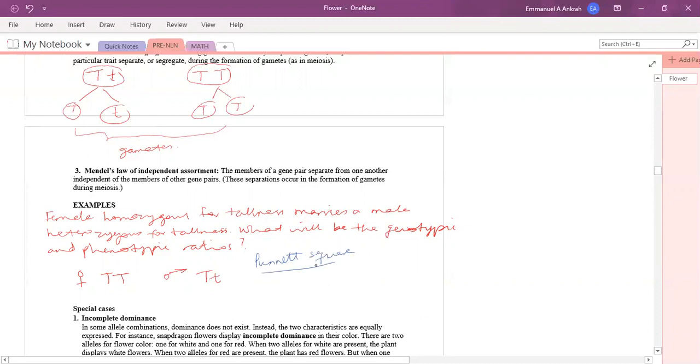You draw a diagram like this. And then you're going to put in the female gamete on one side and then the male gamete on the other side.